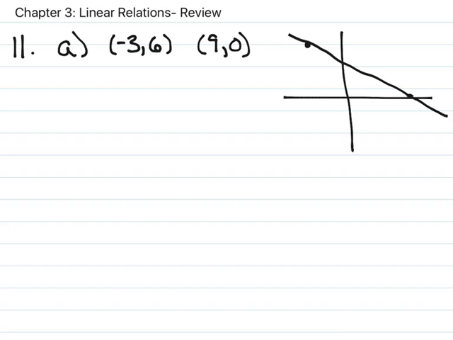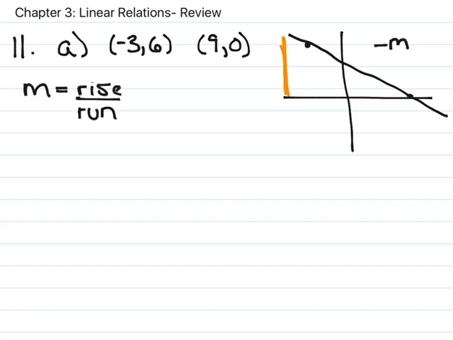So because it's going down off to the right, you know that your slope is going to be negative. So that's a good thing to notice. Okay, so we have slope we know is rise over run. So your rise is how far up and down it goes.